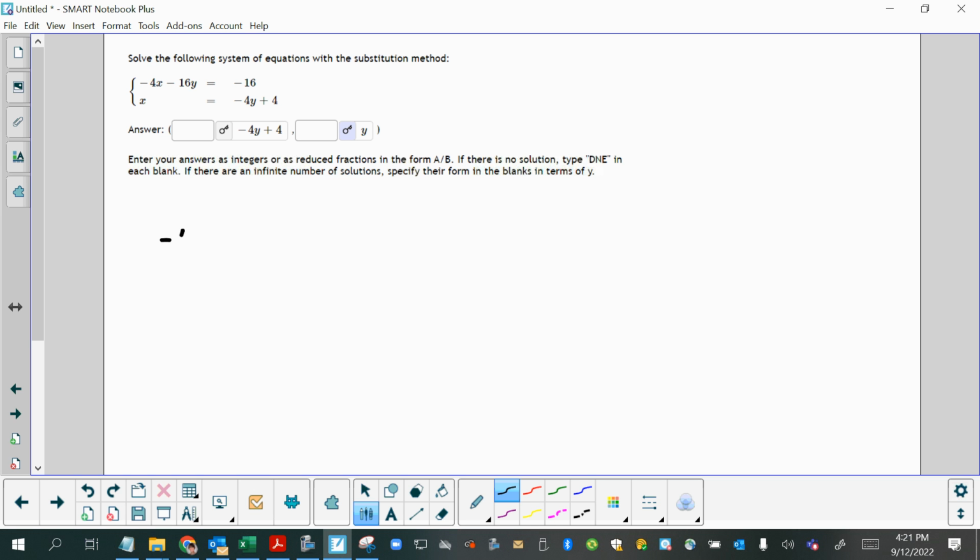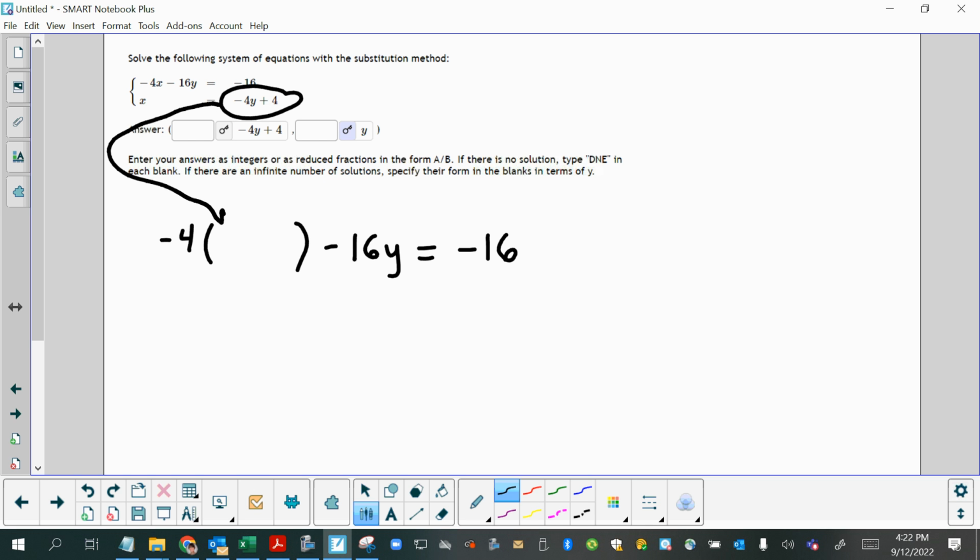So I'm going to take my first equation and leave space for the x's, because I see that my second equation is solved for x, which means I can get rid of the x variable in my first equation by using this to replace the x.